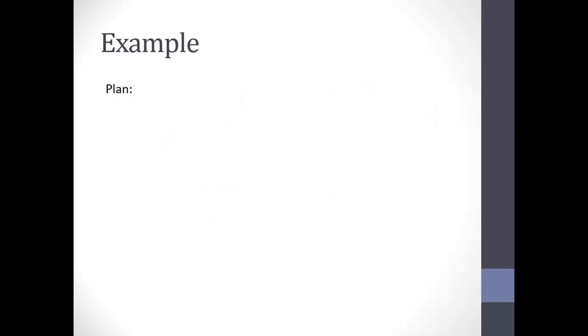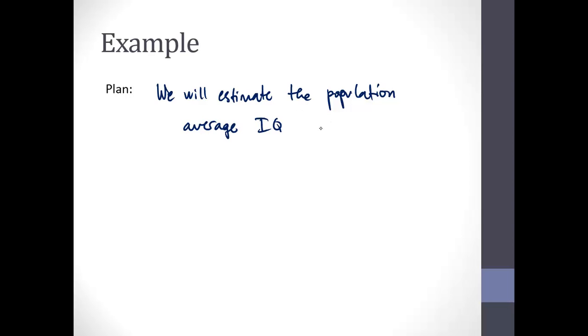Maybe overstating the obvious here, but we will estimate the population average IQ score, which is our mu, by constructing a 99% confidence interval.